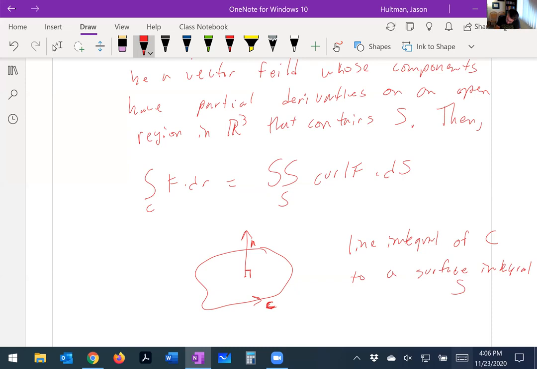This would be surface S. Let me get rid of this real quick, because we want this to be a surface. It doesn't make sense, so let me redraw it. Let's just go like this, make it simple.